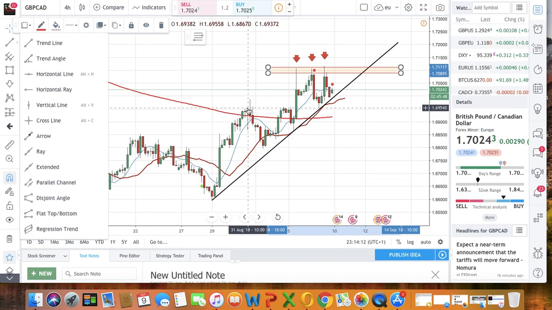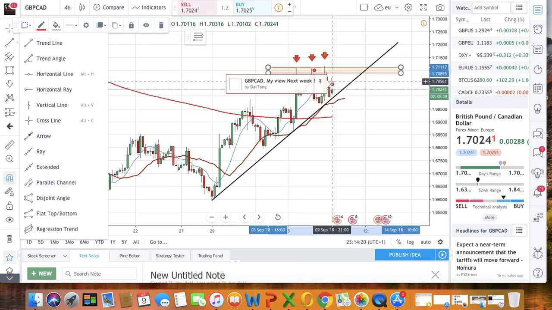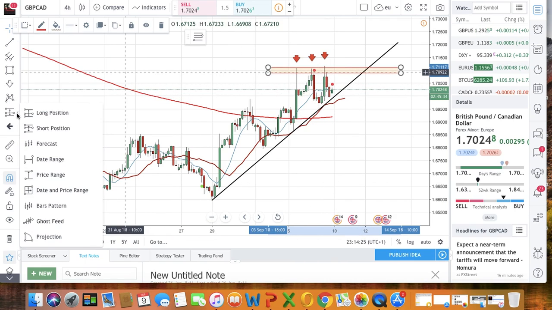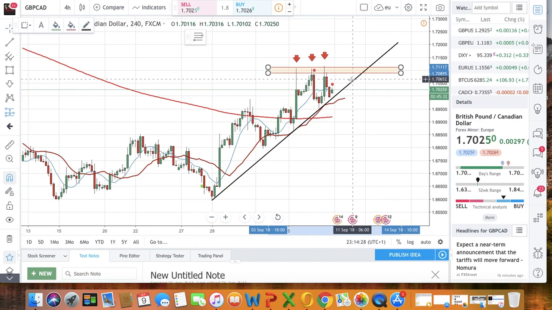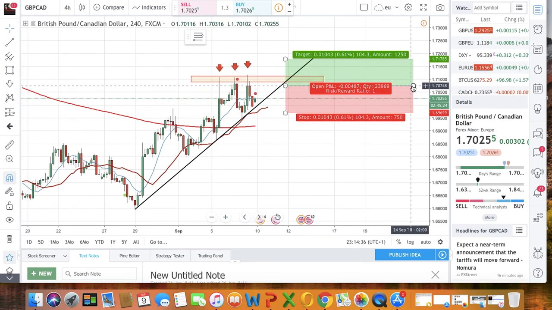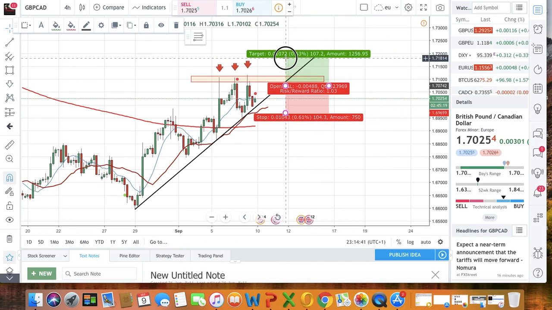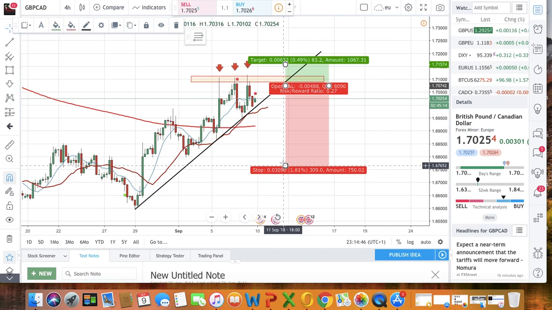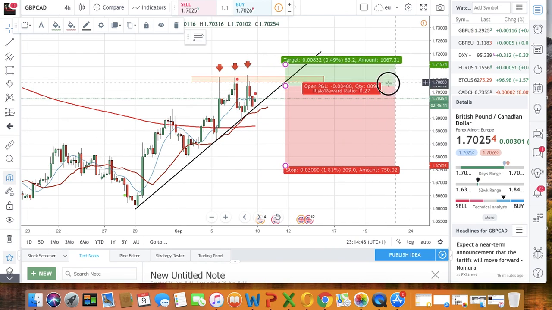So we've had a nice big massive push up, we've retraced, another push up and a few failed attempts as well. So we could see a final chance to go up before going short on this pair. Again, similar thing, we want to be looking at entries at around 1.7076, around about 100 pips on the stop loss, and then our take profit should take us down about 300 pips.